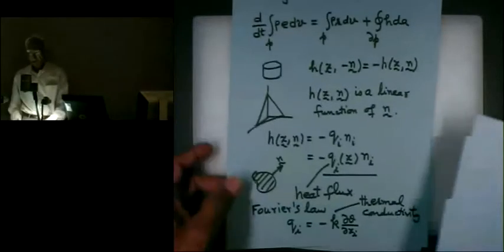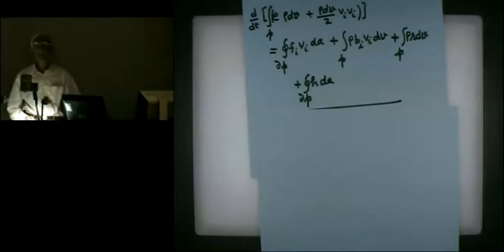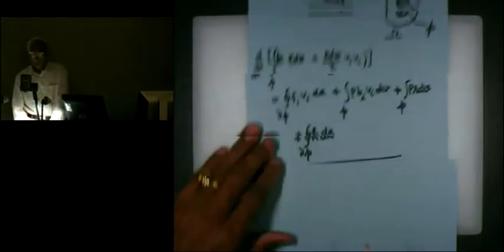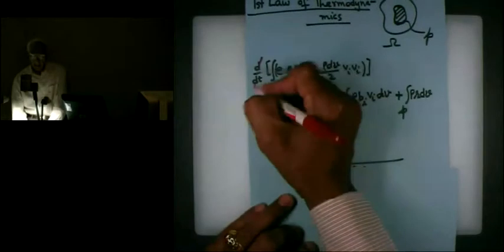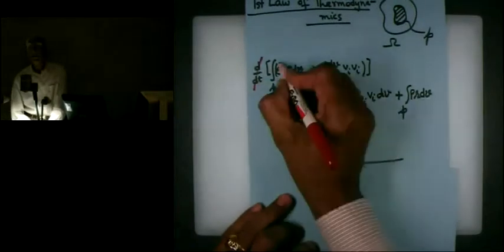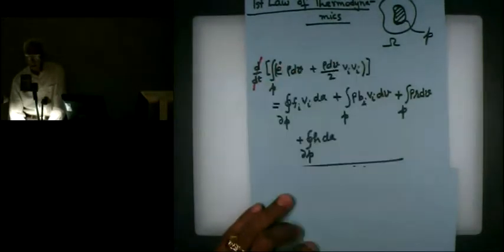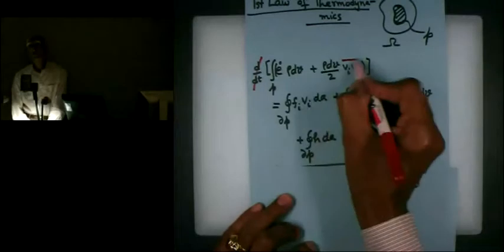Okay, so now we know what H is: it's minus Qi. So we are going to substitute for H in our balance of energy. Also we learned that d over dt of this quantity, I can take it inside the integral and it will be E dot, the time derivative of this.